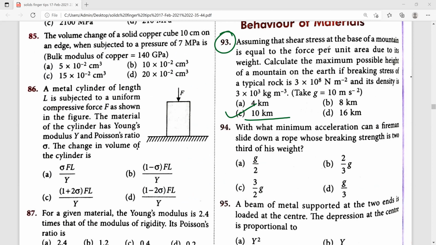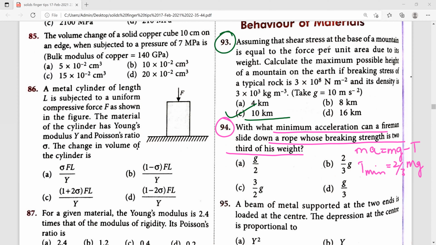Next, 94th one. With what minimum acceleration can a fireman slide down a rope whose breaking strength is 2/3 of his weight? So the net downward force on the string: ma is equal to mg minus tension. But the tension minimum is 2/3 into mg.